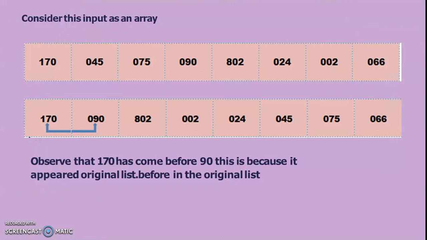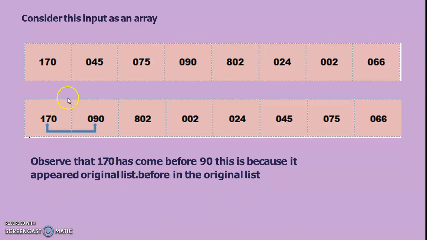Now, as you can see on the screen, the numbers are arranged based on the ones place. And observe that 170 comes before 90. This is because it appeared before in the original list.